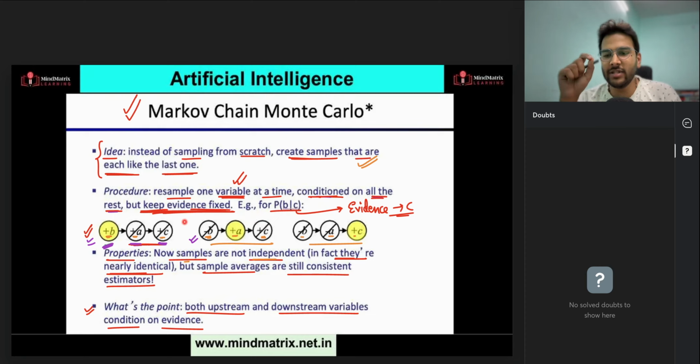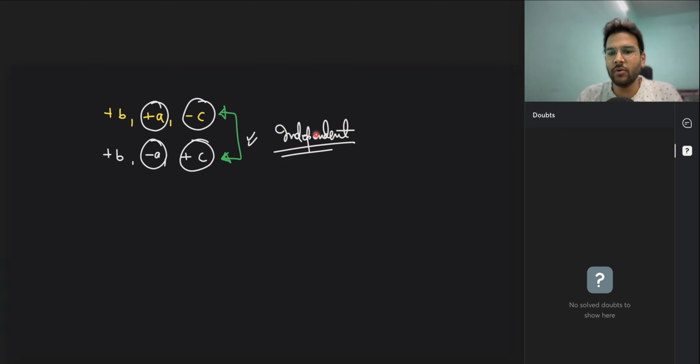Once you fix the evidence, you are considering both the upstream variables as well as downstream variables. Whereas in likelihood weighting, you are only considering the downstream variables, not the upstream variables, for a given evidence. Is this clear? Any doubt, anyone?